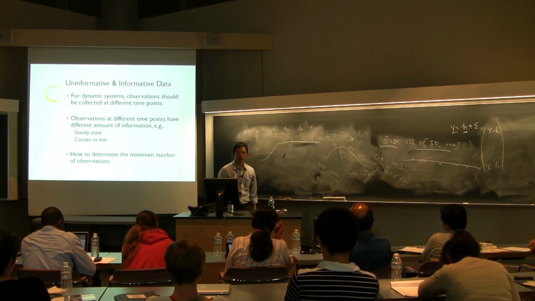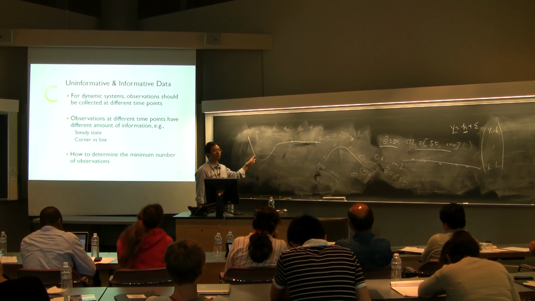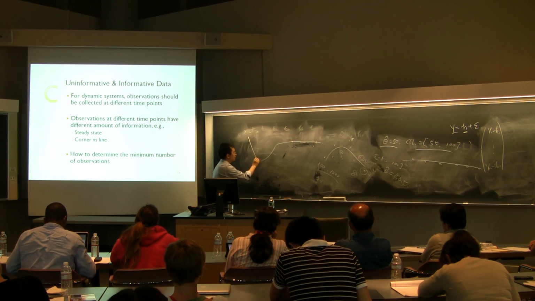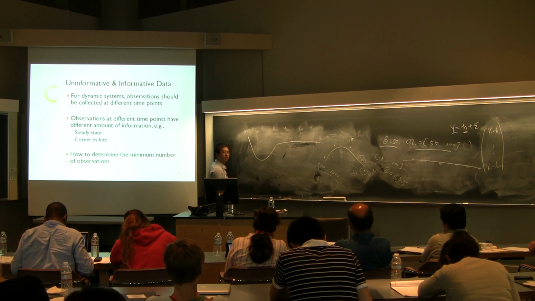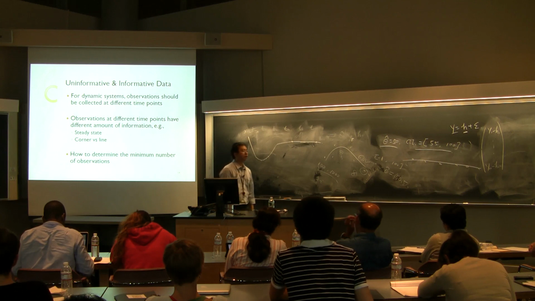If it's not a steady state, for example, if it's a corner, here, how many points do you need? As many as possible, because the slope keeps changing, right? If you really want to determine all the slopes exactly, you need as many points as possible.